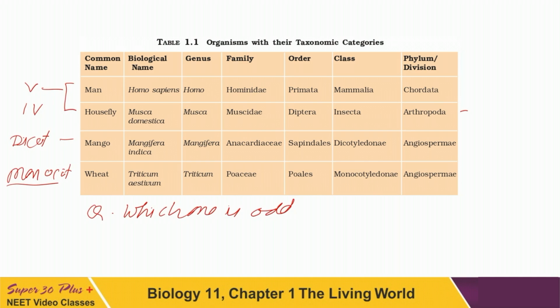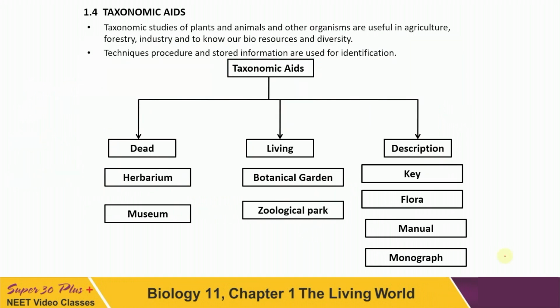So definitely here Poaceae is a family, and all the three are orders. Sometimes it is Mammalia, Insecta, Dicotyledonae, and Poales. That Poales will be the odd one here. You have to see now. Come to the next now.